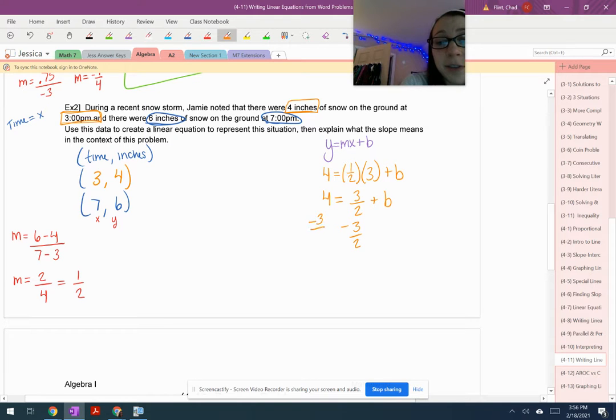Minus 3/2 to both sides, and you're left with b equals 4 minus 3/2, which would be 4 minus 1 whole would be 3, and then 3 minus 1/2 would be 2.5.